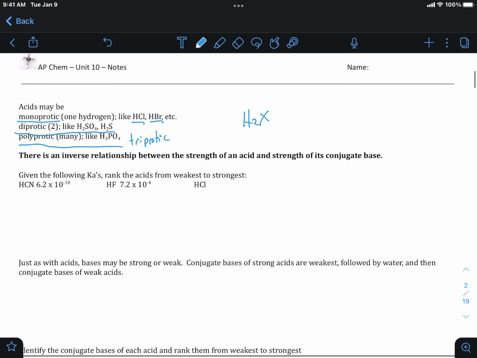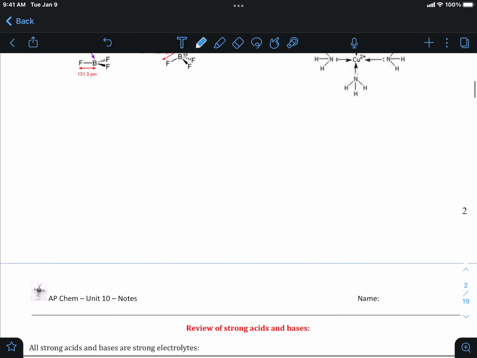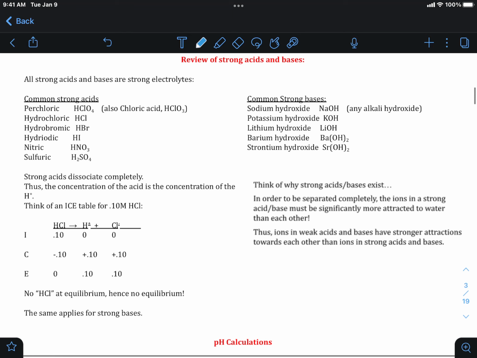All right. Remember the concept of strong acids? Remember how we said a strong acid dissociates completely? I think I have a list here. Okay, we'll jump down here real quick. Here's your list of your common strong acids.